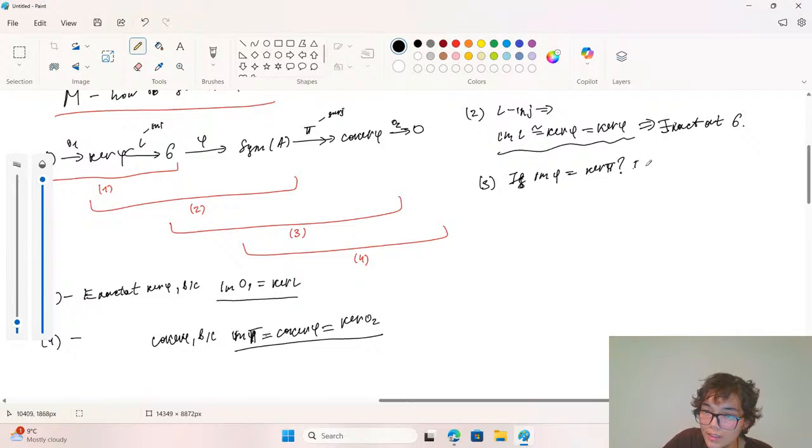Is the image of phi contained in the kernel of pi? So at least we can define some notions of homology, cohomology to measure how much it differs, how much it fails to be injective or surjective.